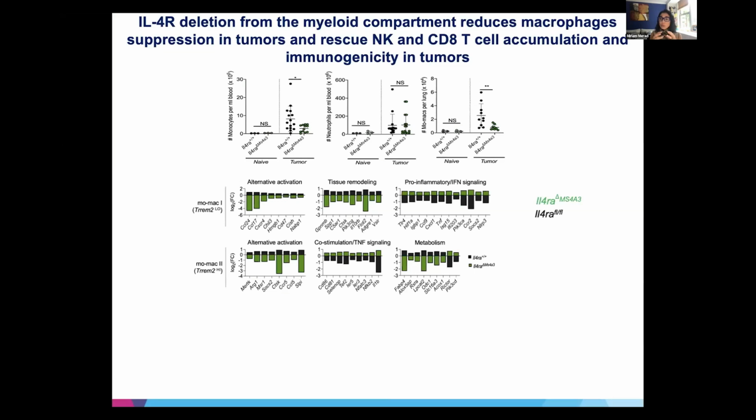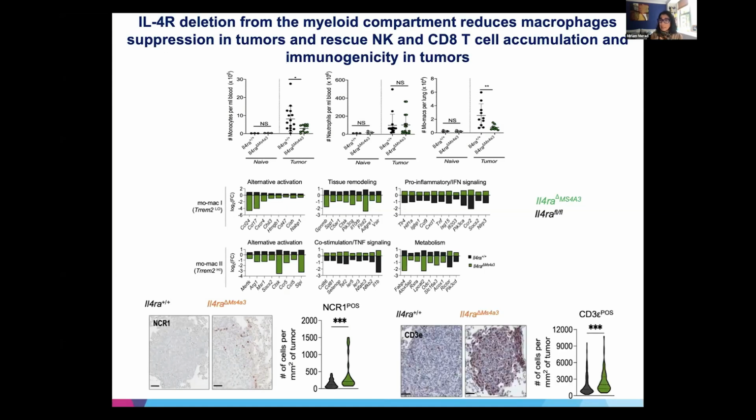We then saw also that the macrophages that were infiltrating the tumor lesions, including the TREM2 macrophages that I described to you, were much more immunogenic at the tumor site. Here, remember, the IL-4 receptor is deleted only in the myeloid compartment, and we saw a strong accumulation of T cells and NK cells in the tumor lesions. Okay, so that was very interesting.